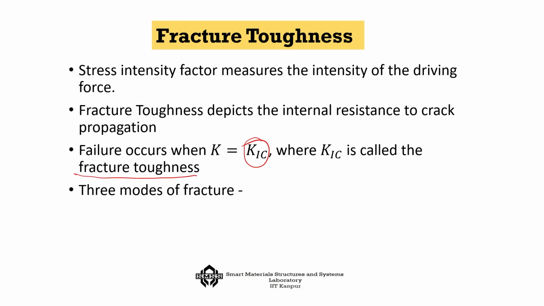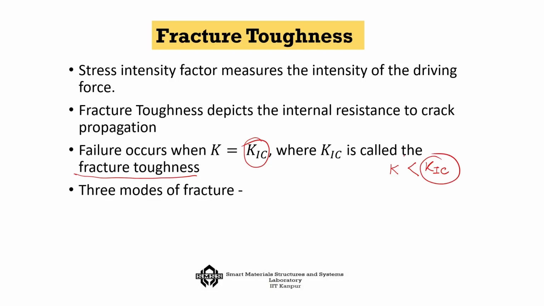So, a structure in today's definition is safe as long as K is less than KIC, and if K equals KIC or K is greater than KIC, then the fracture is always going to propagate and there will be failure in the system. Now, this KIC is the measure of fracture toughness for us.